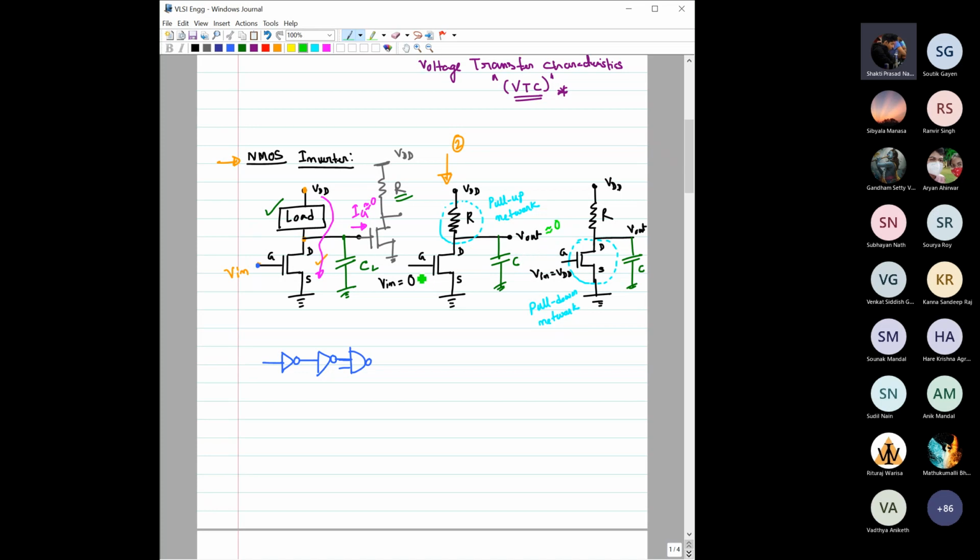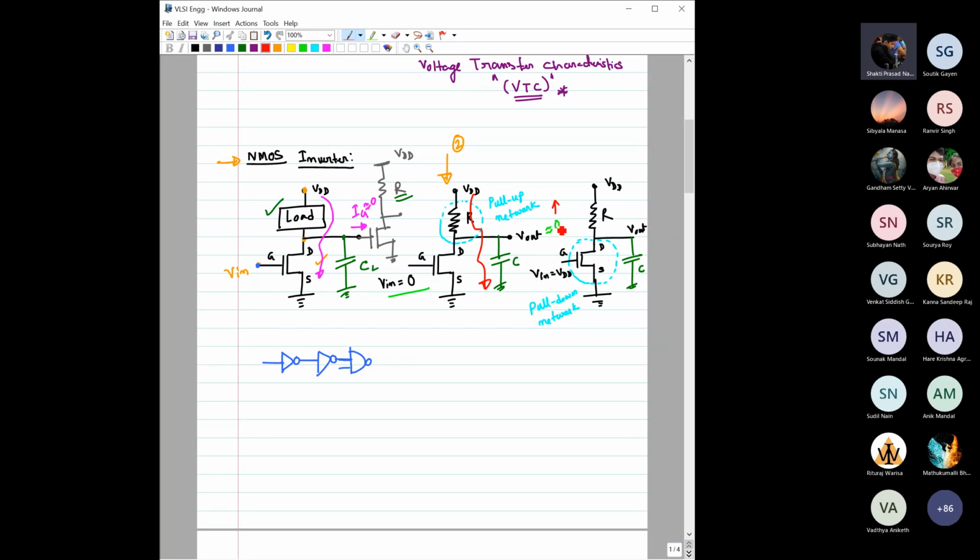Now, when this V out is equal to 0, you apply V in equal to 0 volt. When you apply V in equal to 0 volt, this transistor is off, right? Current flows then, and this current will charge this capacitor. And when this capacitor is fully charged, it will be charged up to what volt?